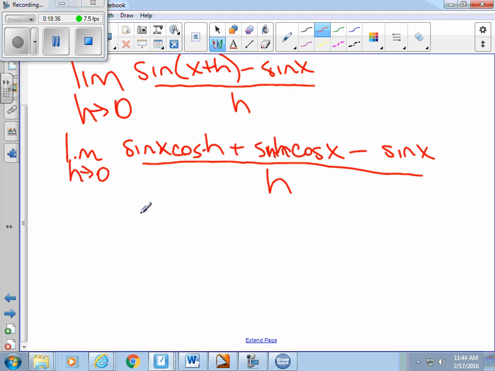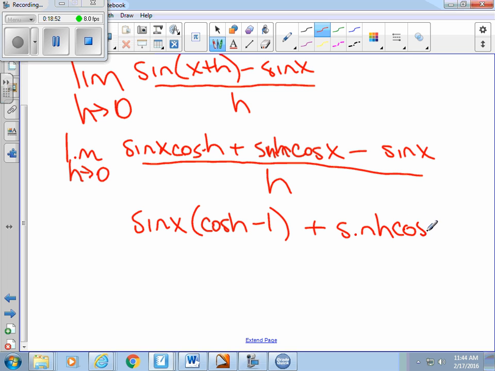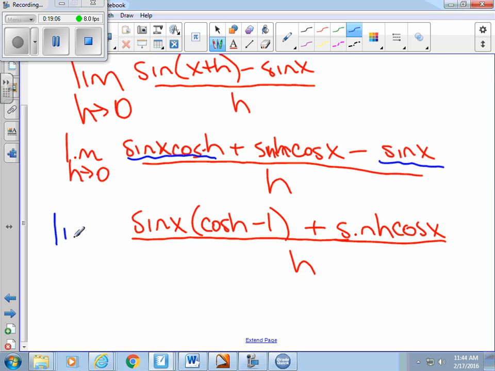Now I'm going to group the two things with a sine of x together and factor out a sine of x in those two things. Okay, so I grouped this thing with this thing and factored out a sine. What did I forget?